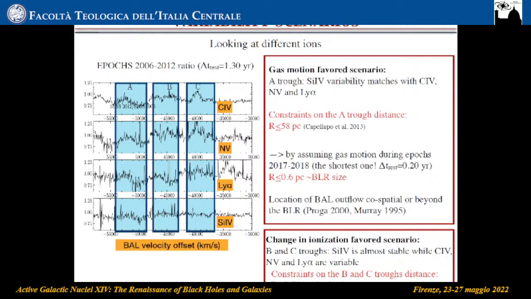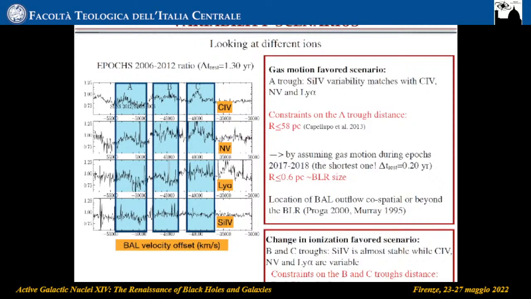For the B and C troughs, we can see that actually the variability is not so similar. In particular, we found that silicon 4 is almost stable while the other ions are varying. For the A trough, instead, the variability shape is almost similar, and silicon 4 is also varying.